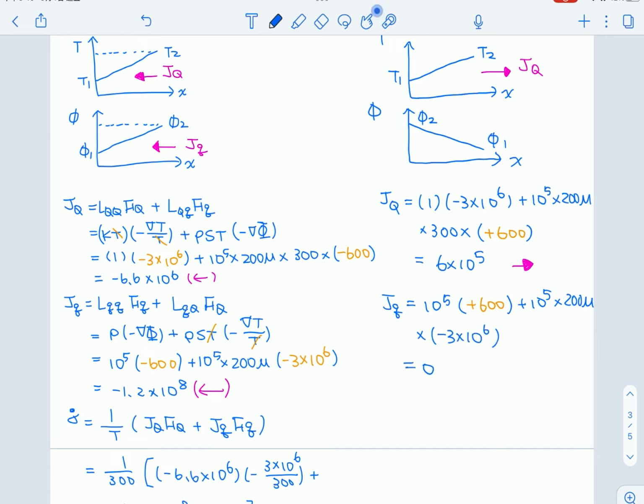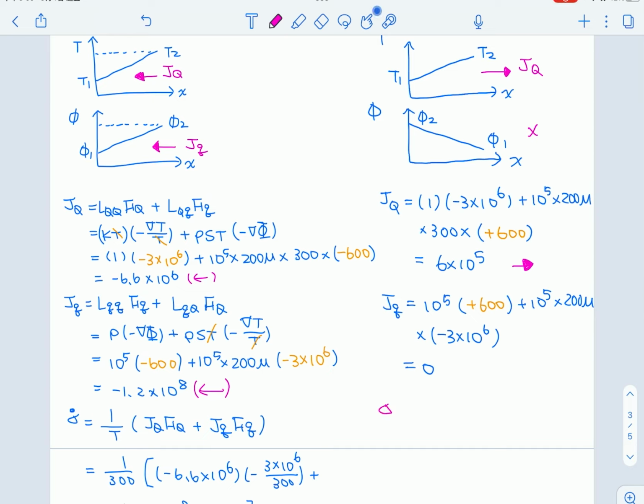Okay, and the result will be equal to 0. So there's no current density, because the current density driven by the thermal driving force and the electric field are the same but with different direction. So the result comes out that there's no current density here.